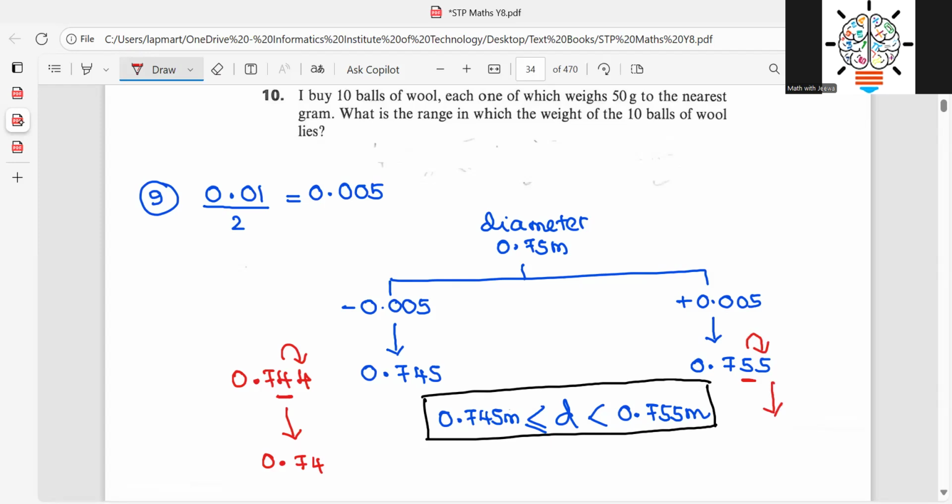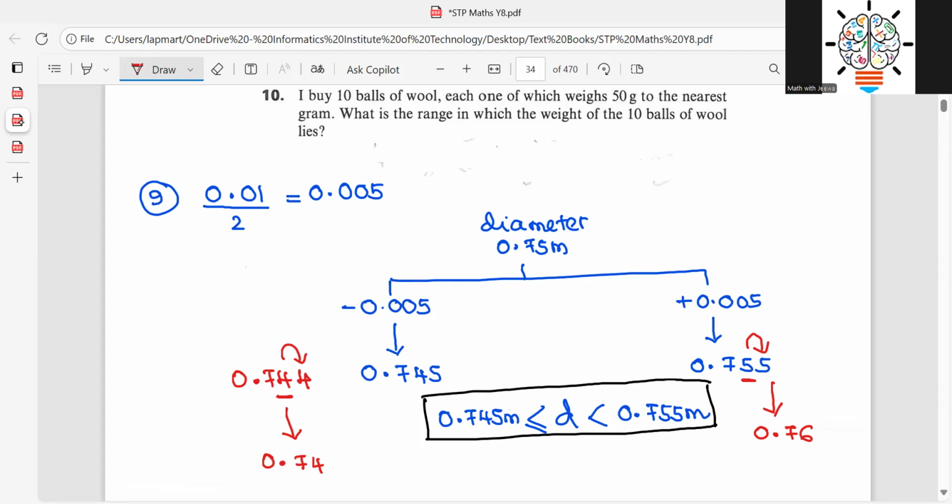So that becomes 0.76, so it is not 0.75. That is why I didn't consider 0.755. Whatever the diameter value we are considering to get the answer 0.75, it should be less than 0.755.